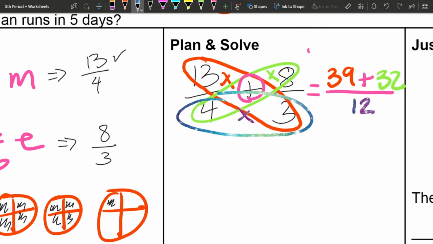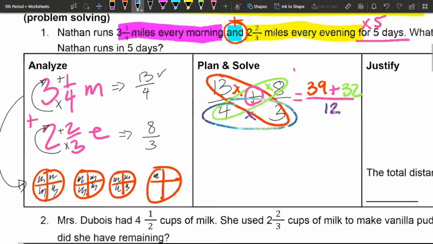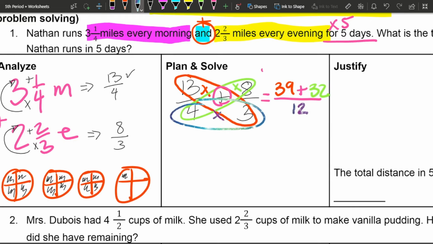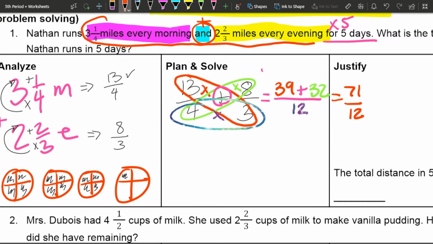Okay? Now, all we have to do at this point is add the top. What is 39 plus 32? Very good. So this is going to be 71 over 12. So what did we just find? We just found this right here.